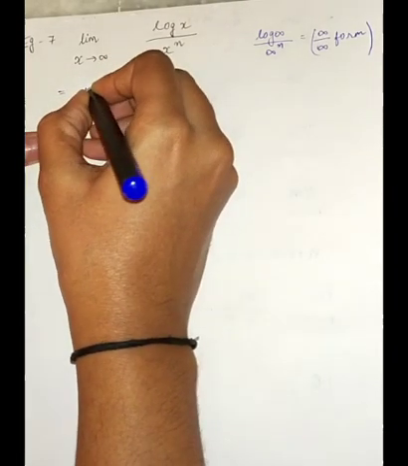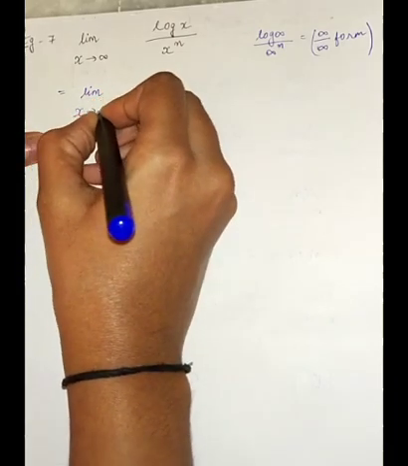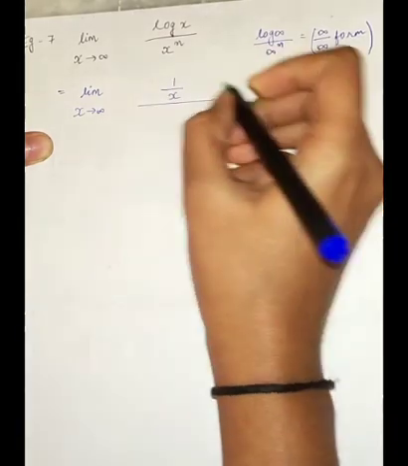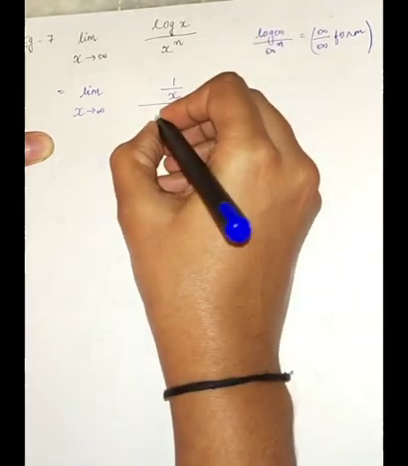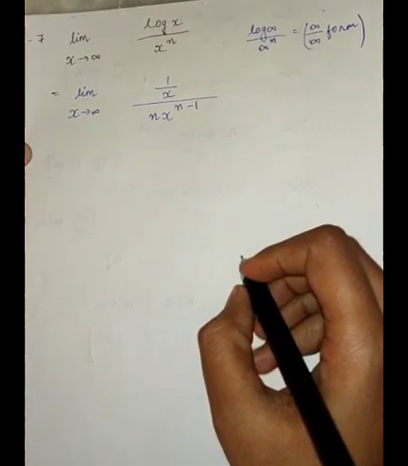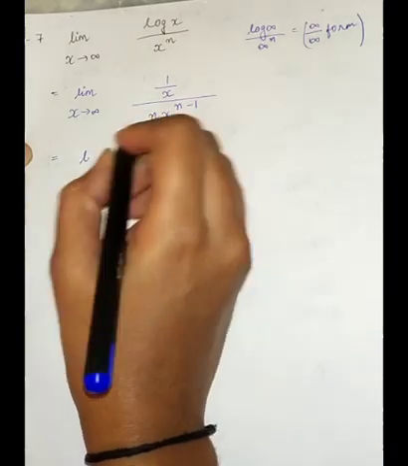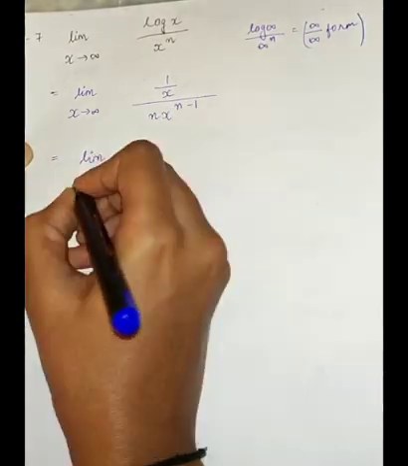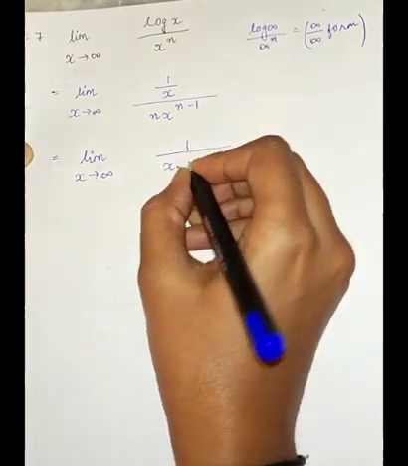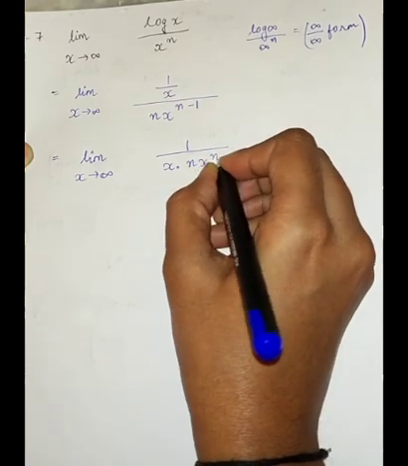So according to L'Hospital's rule, we will differentiate numerator part and denominator part. So limit x tends to infinity, differentiation of log x is 1 upon x, and differentiation of x raised to n is n x raised to n minus 1. So we can rewrite this equation as limit x tends to infinity 1 upon x into n x raised to n minus 1.